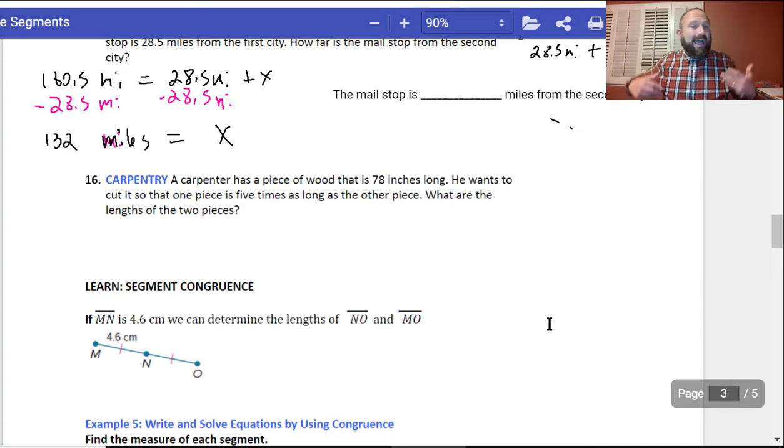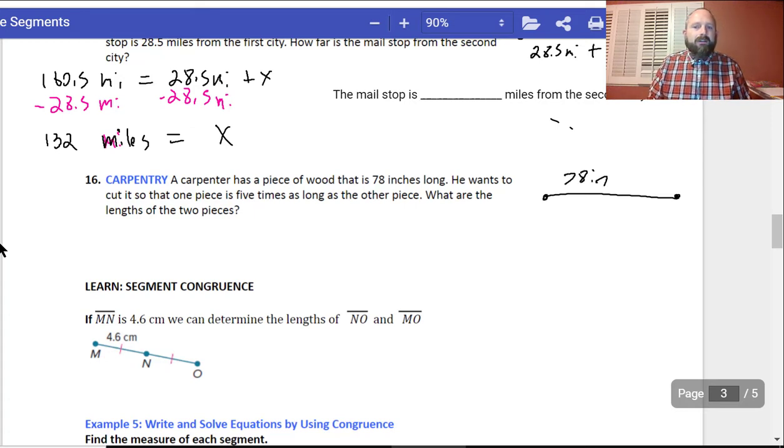Carpentry. A carpenter has a piece of wood that is 78 inches long. What we have to do is just draw. This is 78 inches. He wants to cut it so that one piece is 5 times as long as the other piece. Let's say this is x, and this is 5x. What are the lengths of the two pieces?